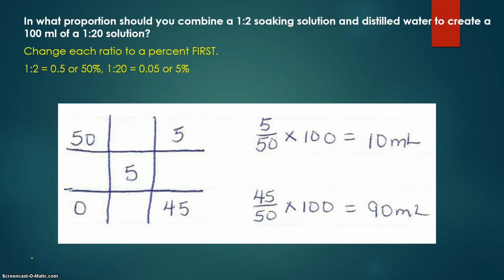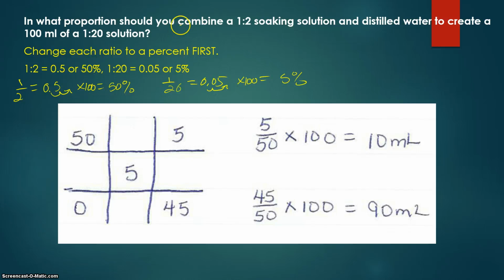So 1 to 2, you do 1 divided by 2 gives you 0.5. You move the decimal over to the right twice or multiply by 100, and that gives you 50%. And then you do 1 to 20, gives you 0.05. Move the decimal to the right twice or multiply by 100, and you get 5%.